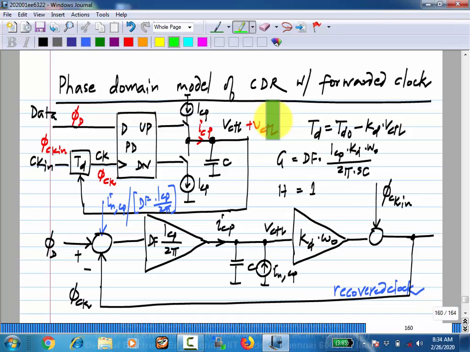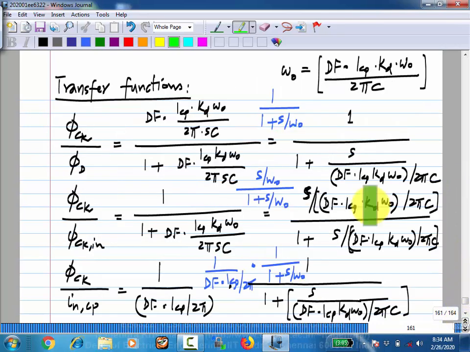And this omega naught is this number. Oh, I should not have used omega naught here because I have omega naught there also. This is a bad choice of notation. Omega naught I have used for the frequency of the signal, so let's not do that.